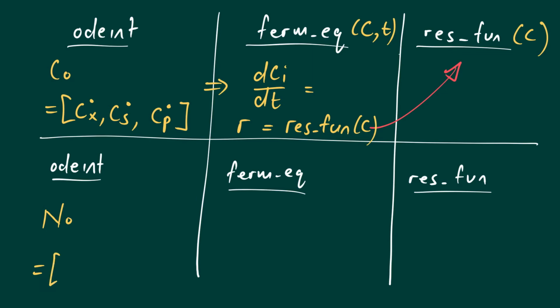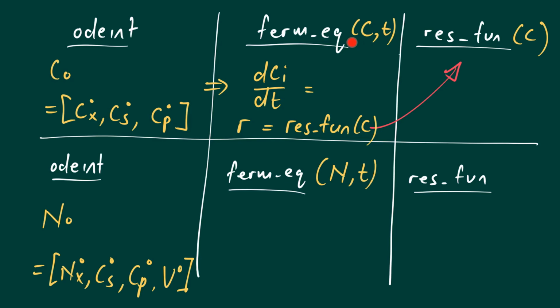So very important, we'll have NX0, NS0, and NP0, and also, very importantly, we're going to have not just the three mole balances, but also the volume balance. So you have to give the initial volume as part of the initial value. What we are now integrating, the fermentation equation, is different than before because it will be a function of the molar amounts and time and not concentration.